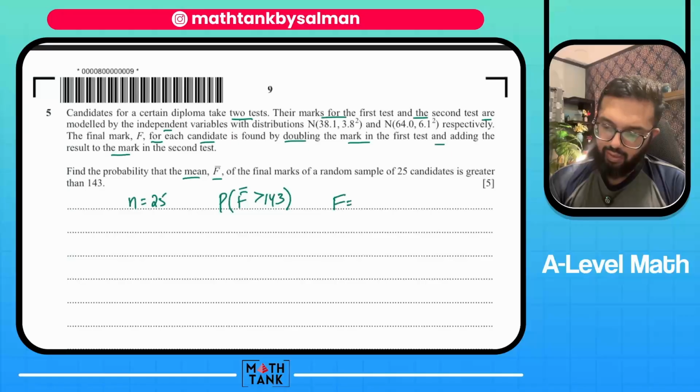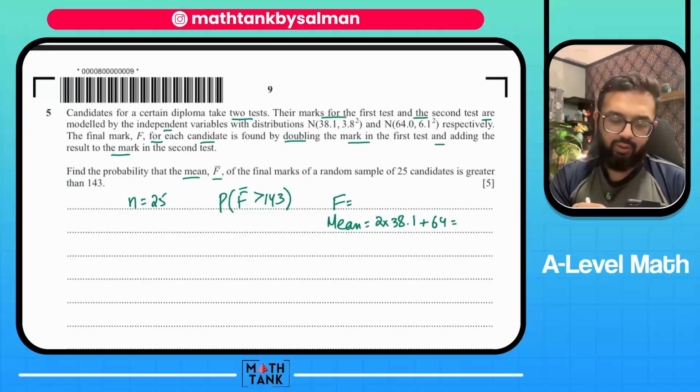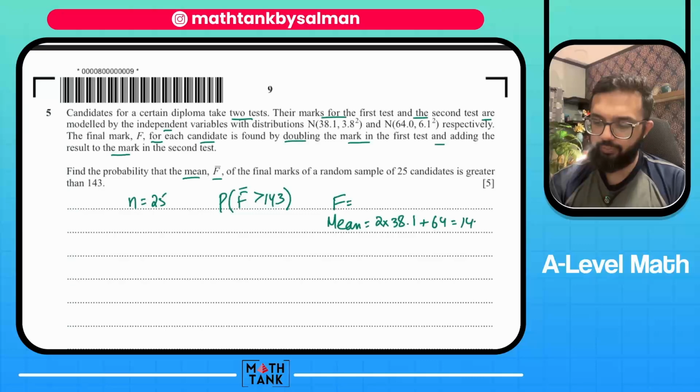The distribution of F is going to have the mean 2 times 38.1 plus 64. What's 2 times 38.1 plus 64? 140.2. Variance.